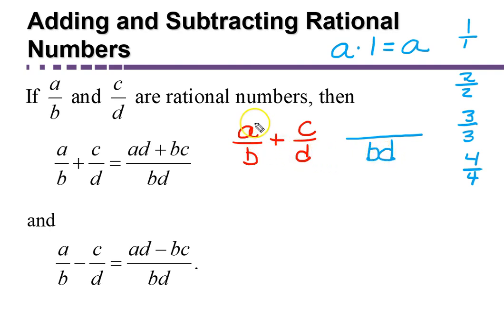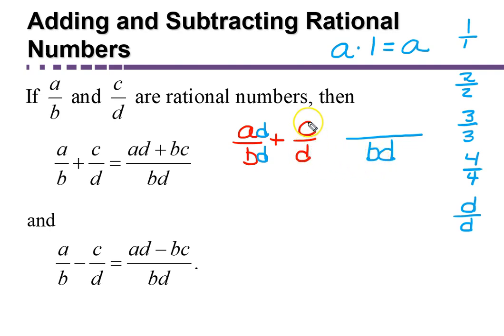Well, again, I have to multiply it by 1, but what form of 1 would I use? Well, in this case, you're going to use D over D, which is another form of 1. So I'm going to multiply this by D over D. Now it has that common denominator.